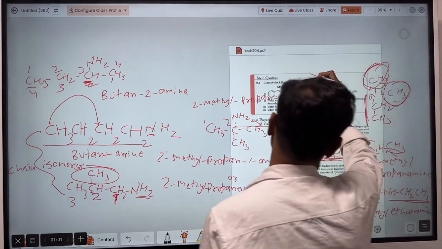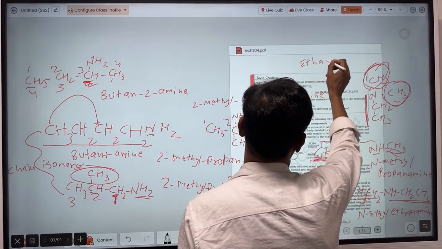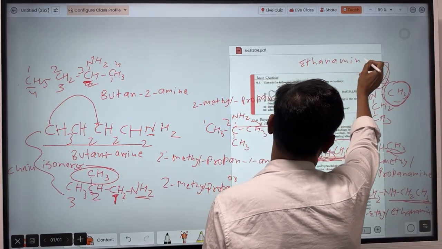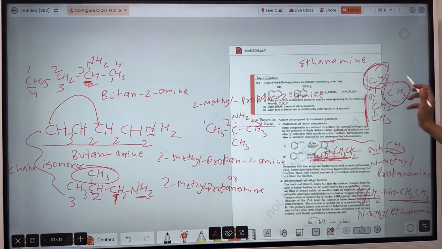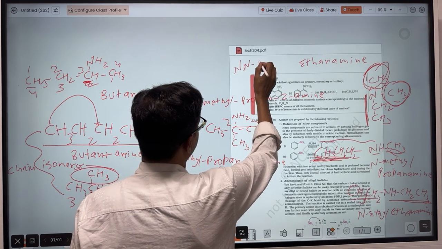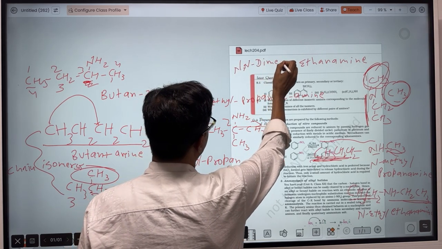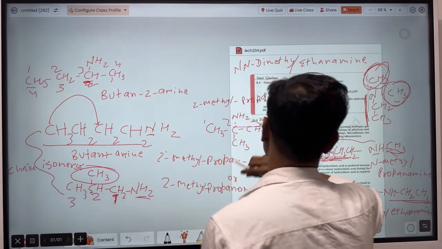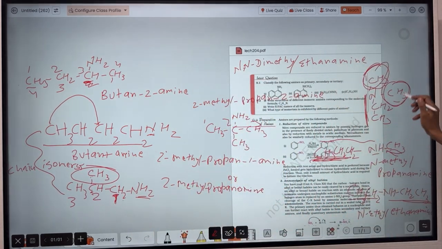The two methyl groups are bonded to the nitrogen, so that's why we will write N,N-dimethyl ethanamine. That is its IUPAC name.